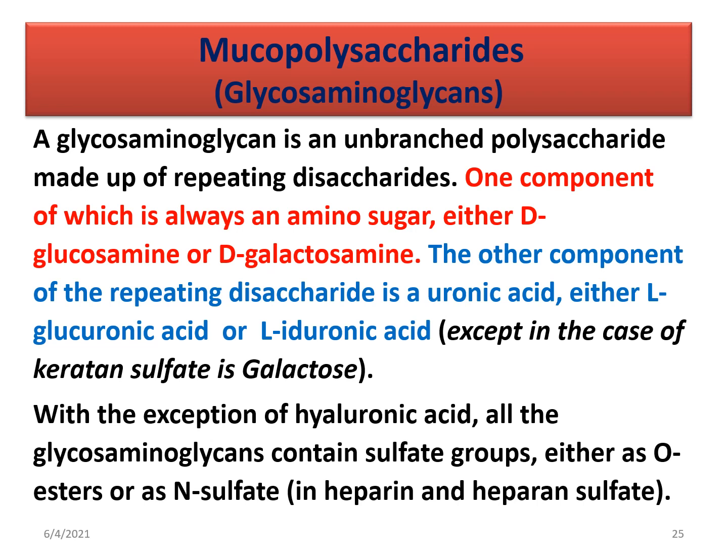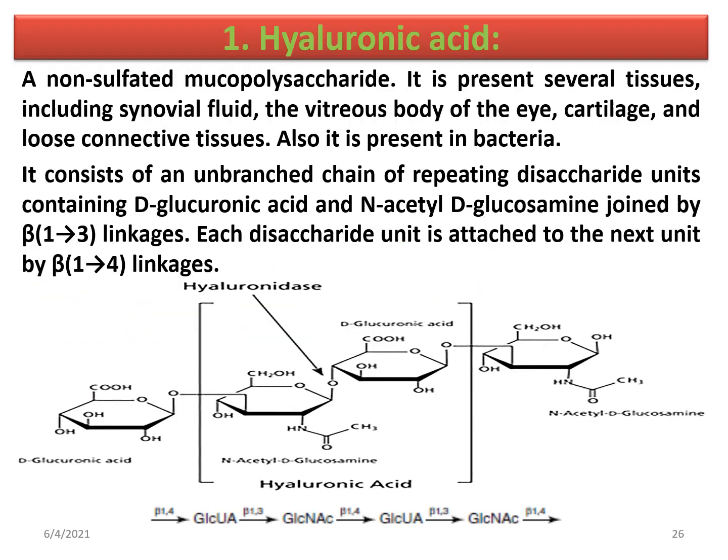Also, a glycosaminoglycan may contain the sulfate group either as an ester or as a sulfamate, for example in heparan sulfate and in heparin. Hyaluronic acid, as I said, is a non-sulfated mucopolysaccharide.